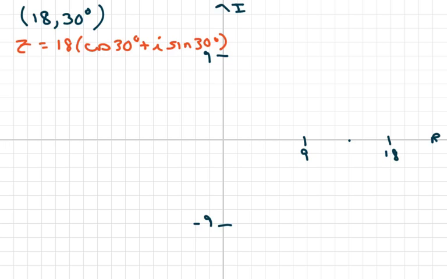And when you draw this, you get 30 degrees. It's kind of in this area. We go all the way to 18, or close to 18. So just make it kind of, hopefully that looks like 30 degrees to you. And then your angle would just be up here like this. Something like that.